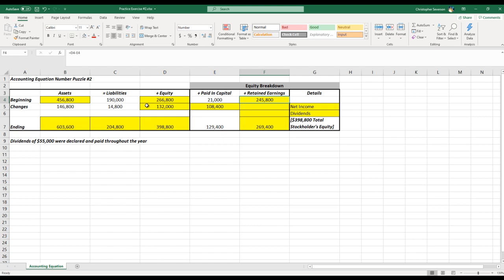So beginning retained earnings plus net income minus dividends would give us ending retained earnings. That's what I'm trying to say here. Now the good news is we were given dividends. It told us we had $55,000. Now remember, that's got to be a negative number because we're subtracting it out.